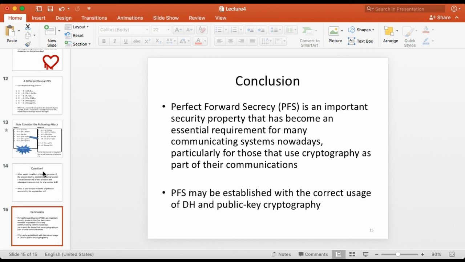We saw that there were two common solutions for maintaining the PFS property. One of them uses the Diffie-Hellman key exchange, or key agreement, and the other one uses temporary public key cryptography.